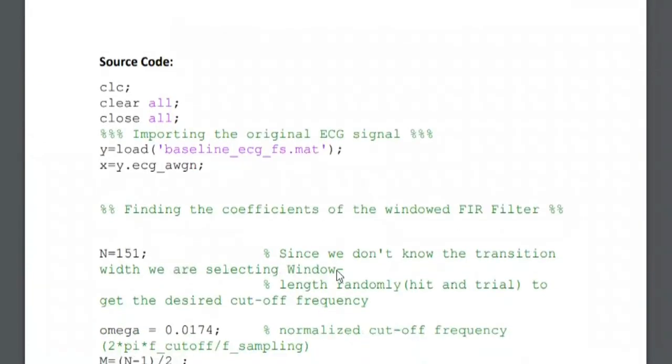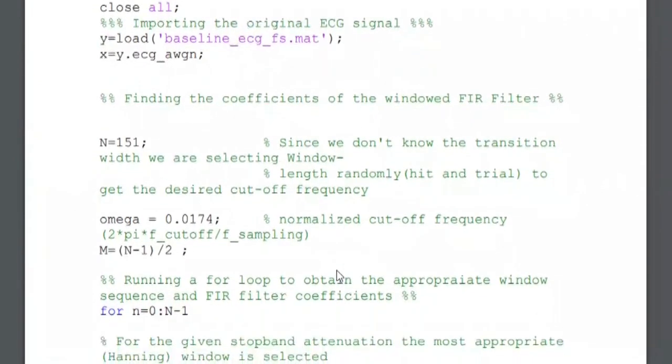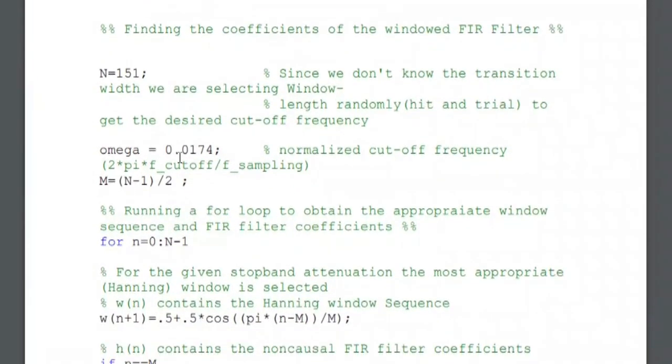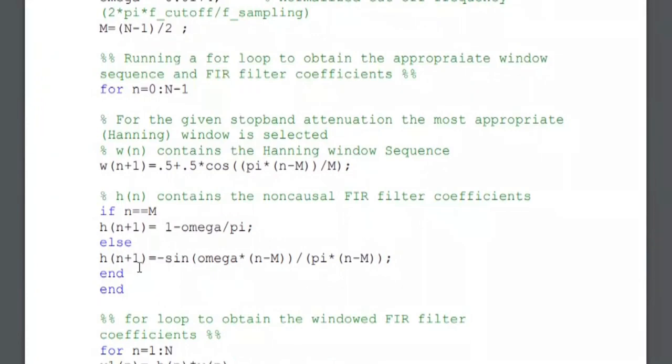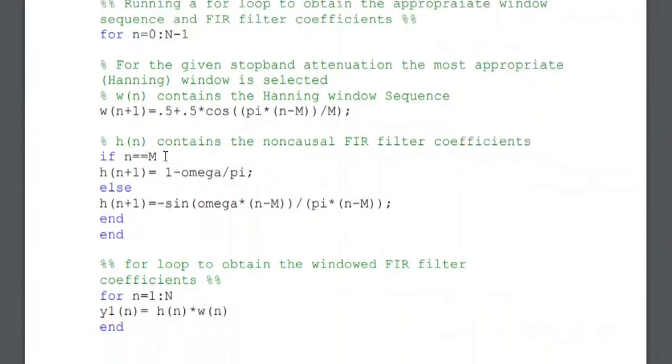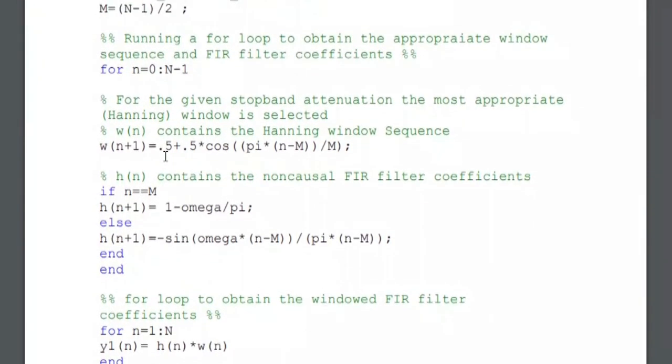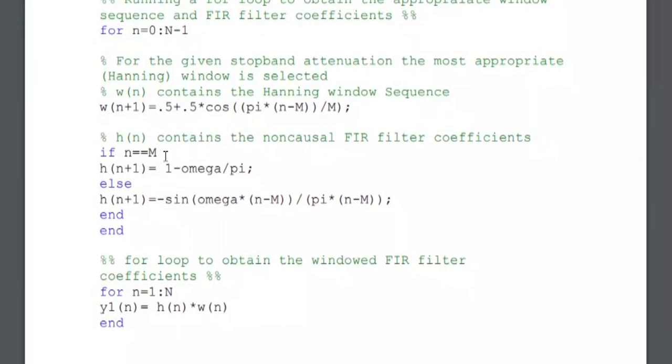This is the source code that we have used in MATLAB. We have defined N equals 151, omega equals 0.0174, that is 2 pi times cutoff frequency by sampling frequency. Here we have implemented the for loop to find the coefficients, that is w(n) and h(n).